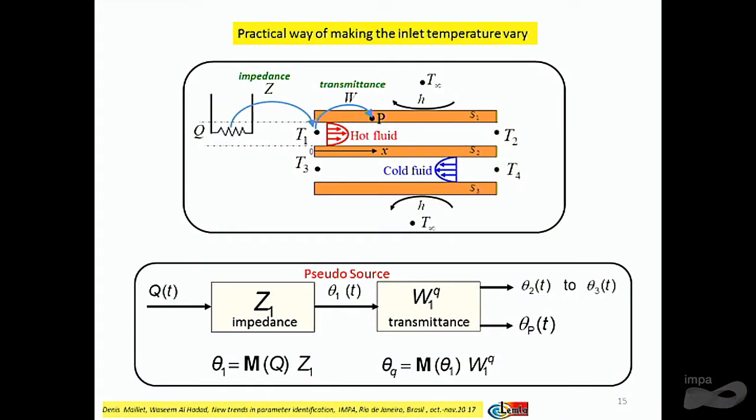And since this point is before this point, for example in the wall, it's a pseudo source of the elevation of temperature, either in the wall or in the fluid. So between these two temperatures, theta 1 and any location, theta p, you have a transmittance. So here it's the box scheme: an impedance, a pseudo source, a transmittance, and the temperature elevation at any location.